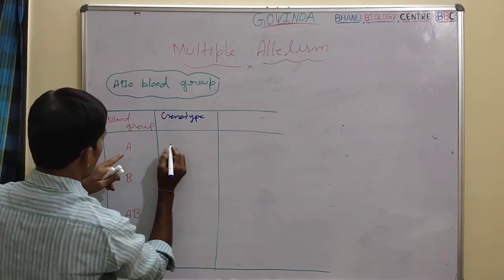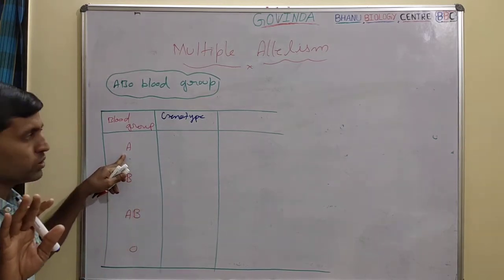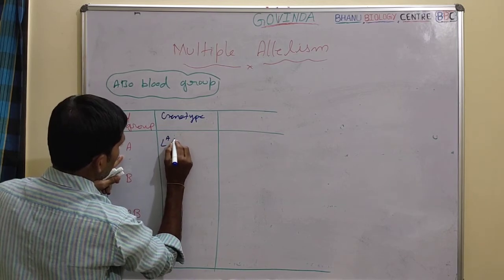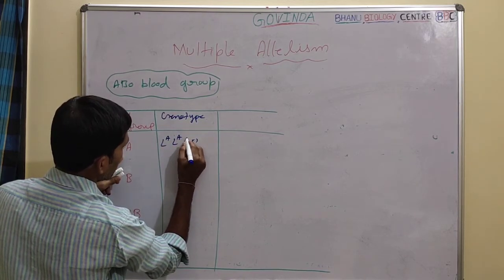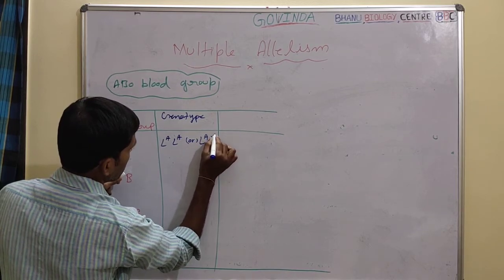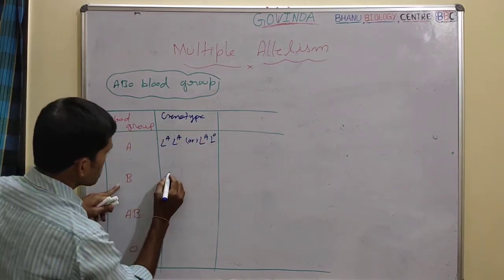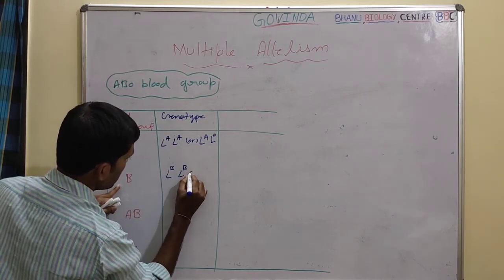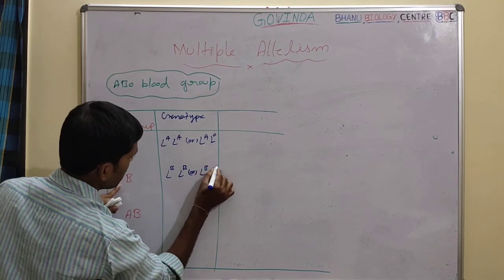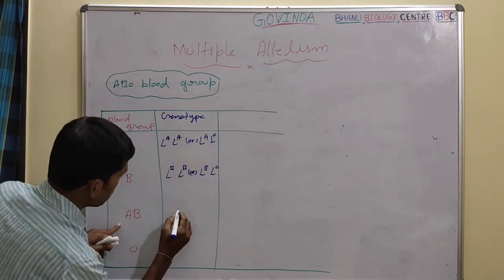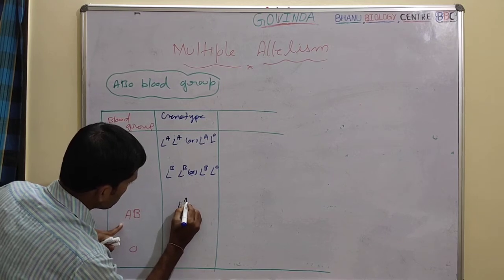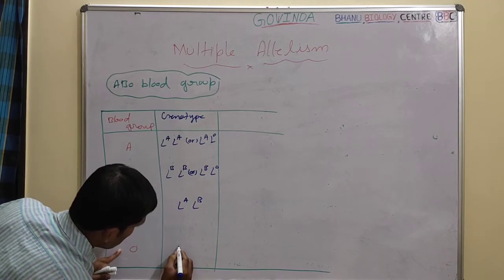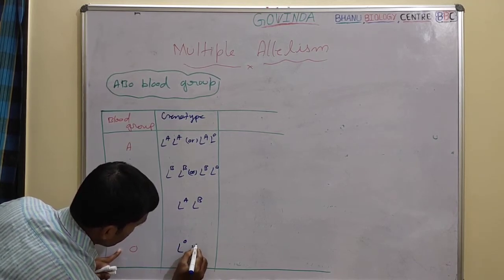For A there are 2 possible genotypes: LA LA or LA LO. For B also 2 possibilities: LB LB or LB LO. For AB only one possibility, LA LB. For O only one possibility, LO LO.